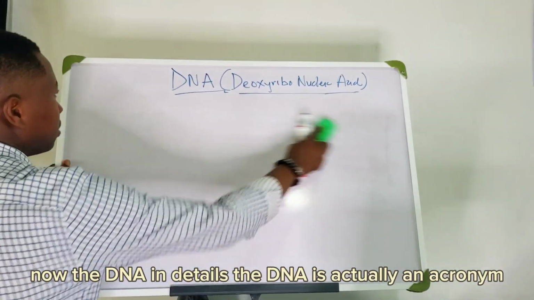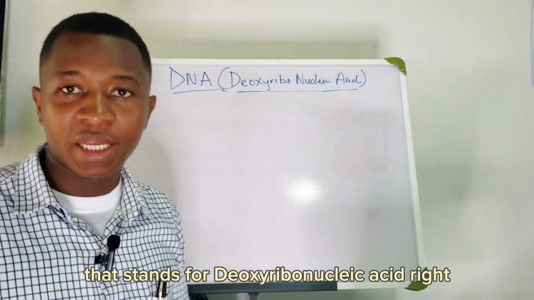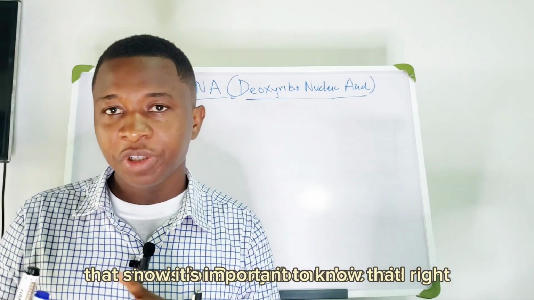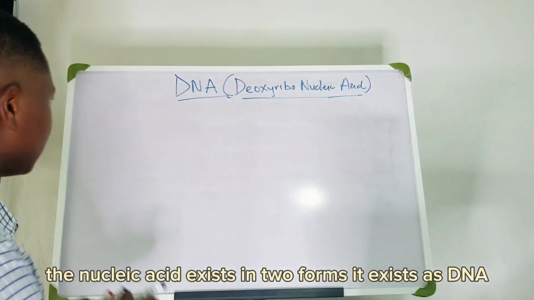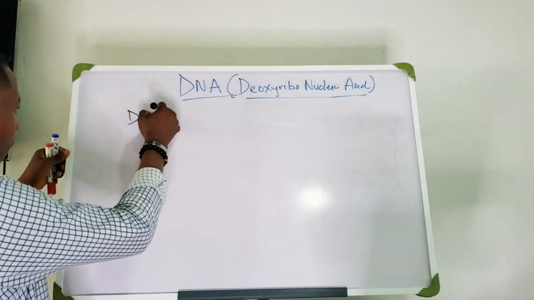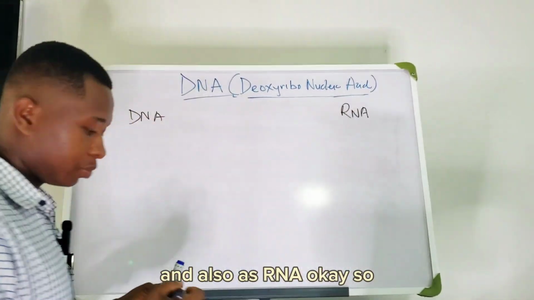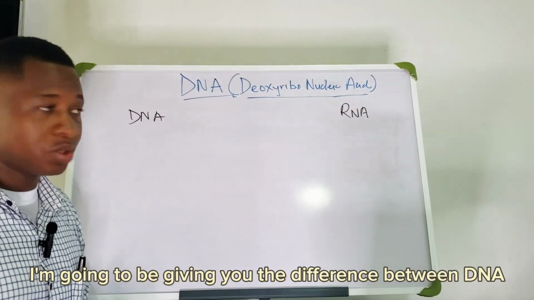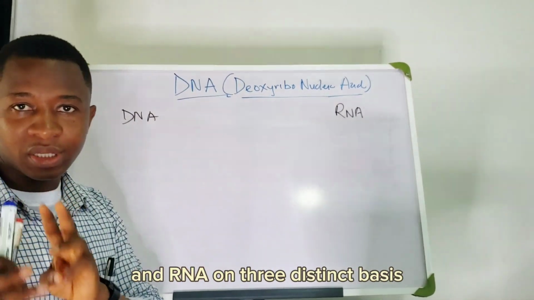The DNA in details. The DNA is actually an acronym that stands for deoxyribonucleic acid. Now it's important to know that the nucleic acid exists in two forms. It exists as DNA and also as RNA. Okay, so I'm going to be giving you the difference between DNA and RNA on three distinct bases.